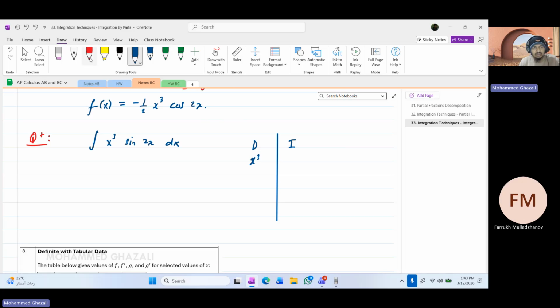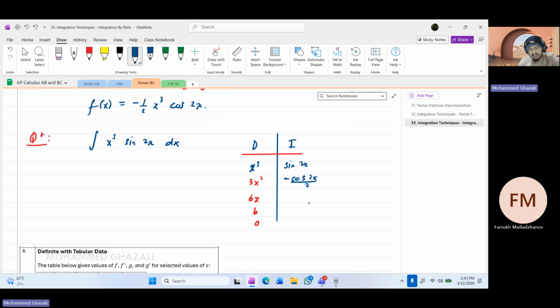That's x cubed. Differentiate x cubed, you get 3x squared. Differentiate 3x squared, you get 6x. Differentiate 6x, you get 6, and then 0. Repeated differentiation until you come to 0. Now, what are we integrating? Sine 2x. So if you integrate sine 2x, you get negative cos 2x over 2.